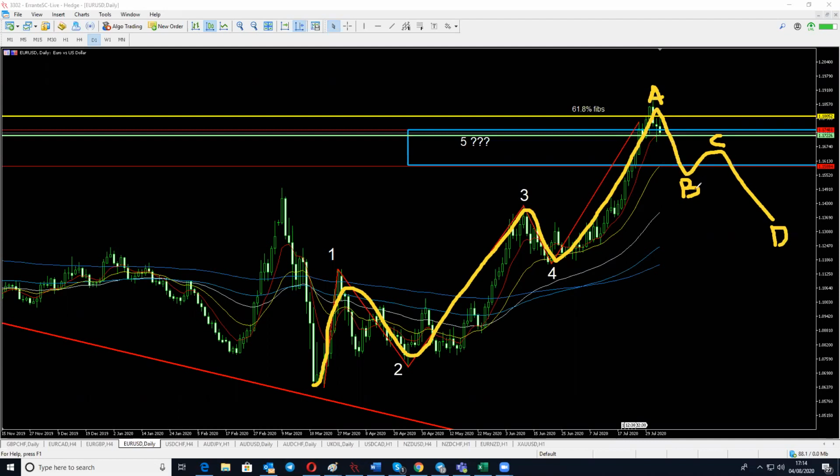So A to B, B to C, and then what usually happens is that C to D is predicted by having the same length as A to B. That's my ABCD type pattern. Then I can take profit at the D area. So now I'm waiting for that downward movement.